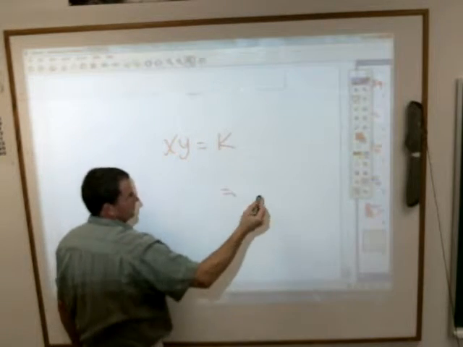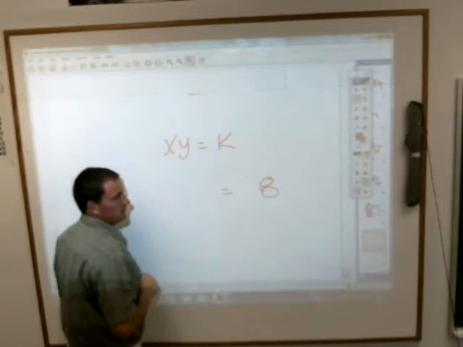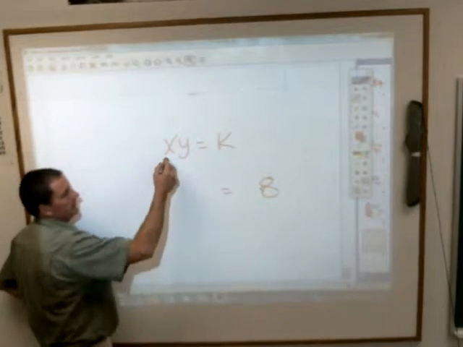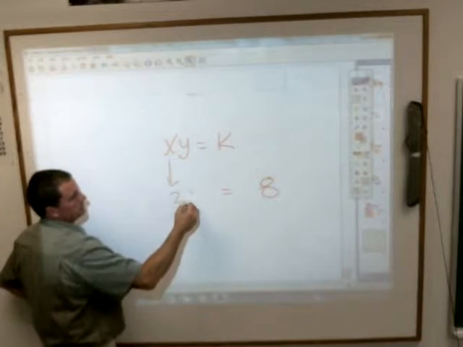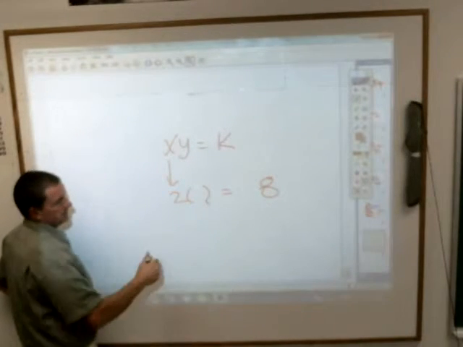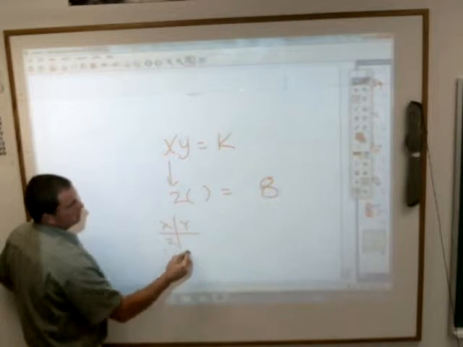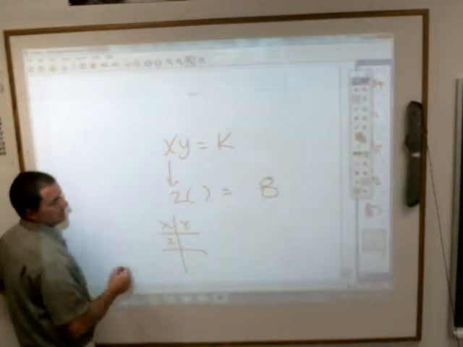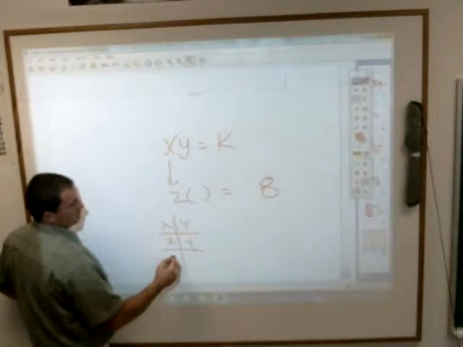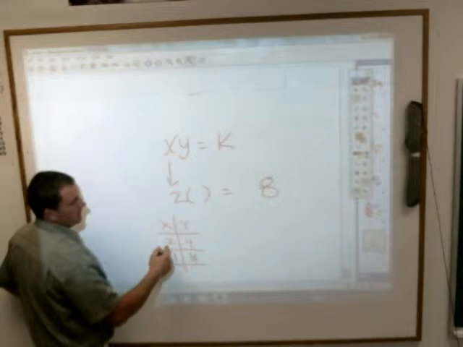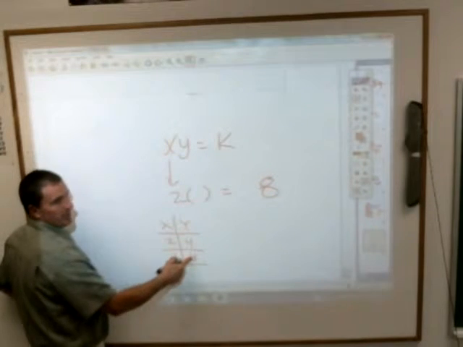Let's say your constant was 8, whatever you were doing. If x equals 2, what would y be? Let me do the little chart, x and y. If x was 2, y would be 4. If x is 1, what is y? 8. Notice how x went down, but y went up.